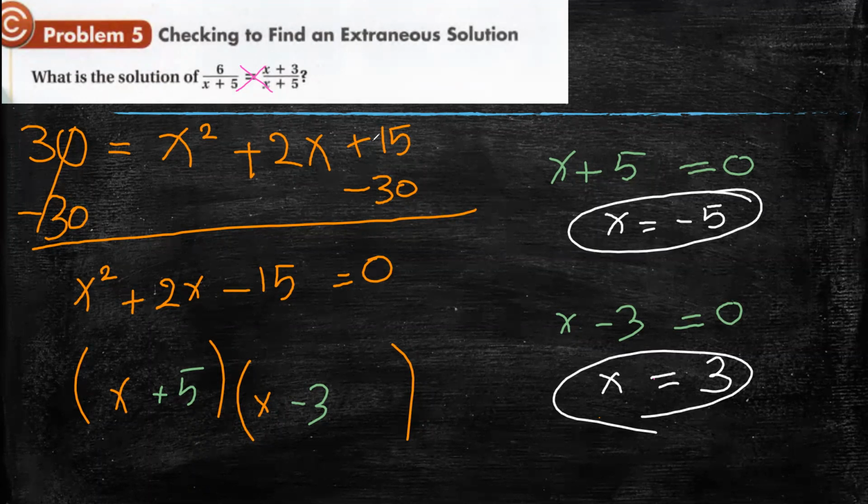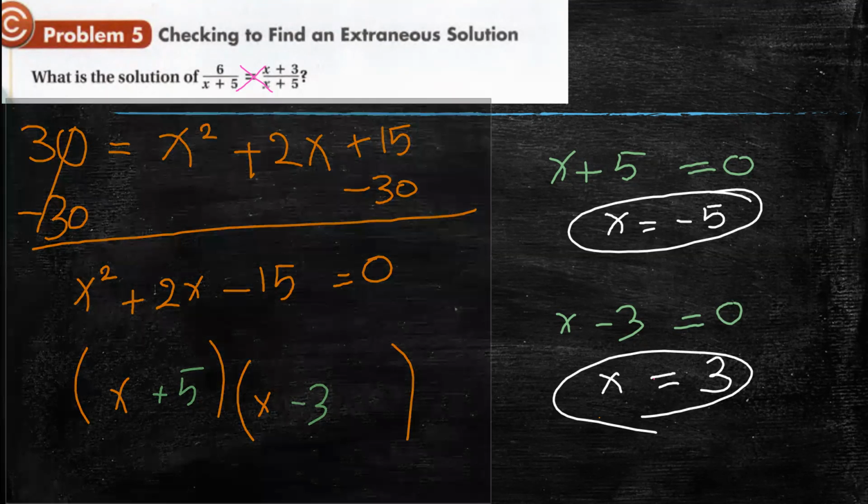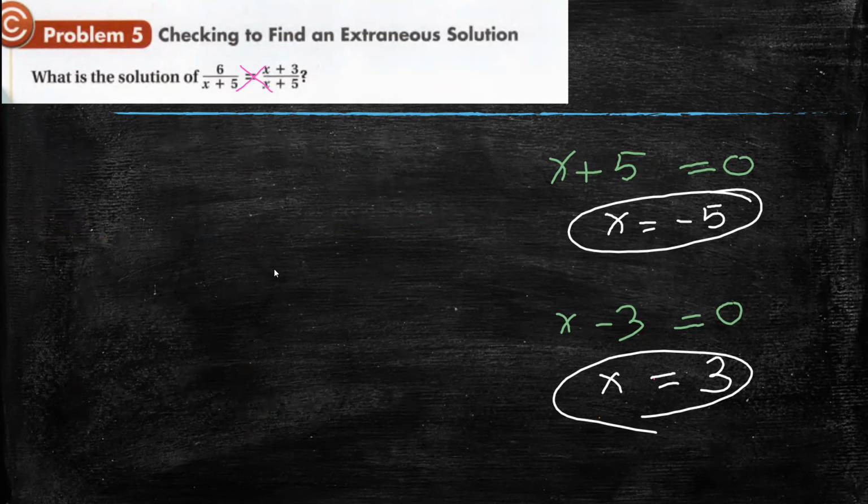These two solutions now we have to check them. Are these two solutions the solution for this equation or no? x over x plus 5. So let's try it now with negative 5. Negative 5 plus 5.